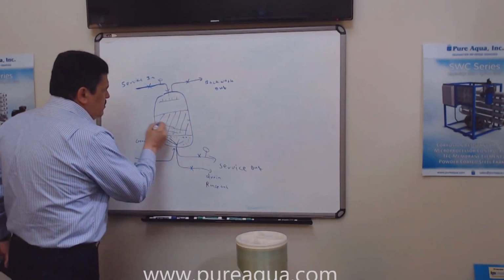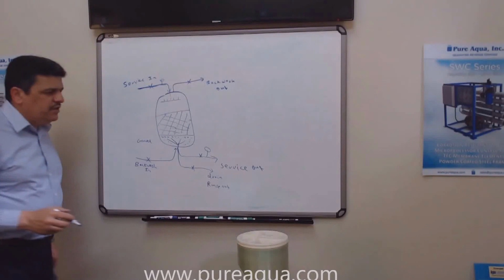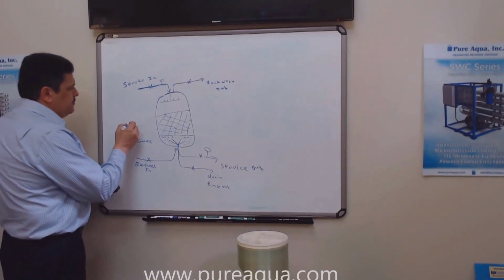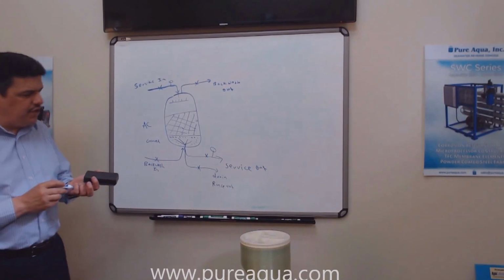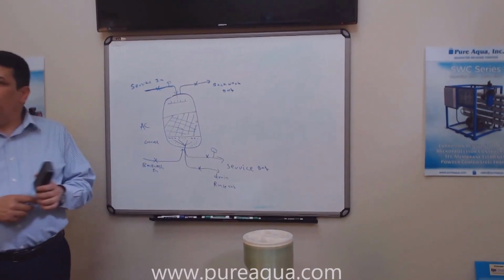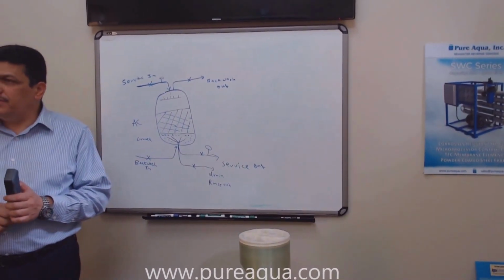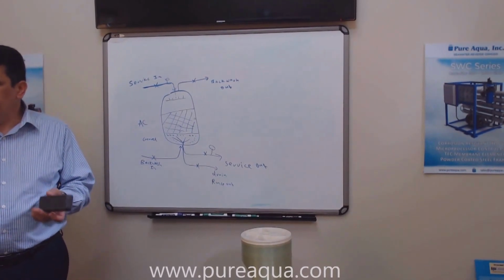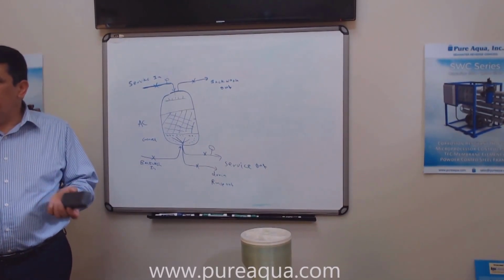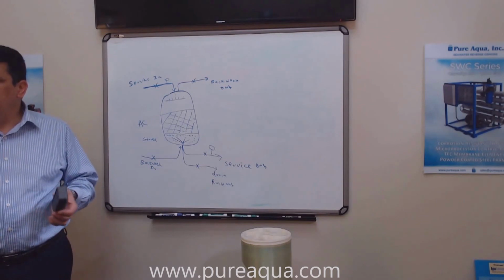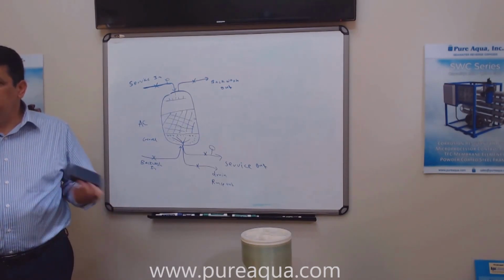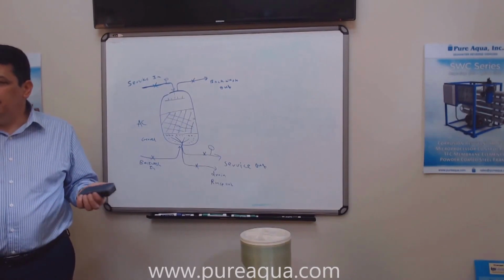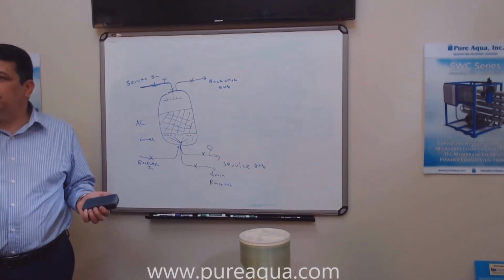At Pure Aqua, from our experience, the carbon media that we use, which is usually simply AC, activated carbon media, is coconut carbon, which from our experience is a very good media, clean, and it's acid washed, so it doesn't have a lot of debris. It's clean, nice, it does the job, and it's a little bit more expensive, but it's good quality.